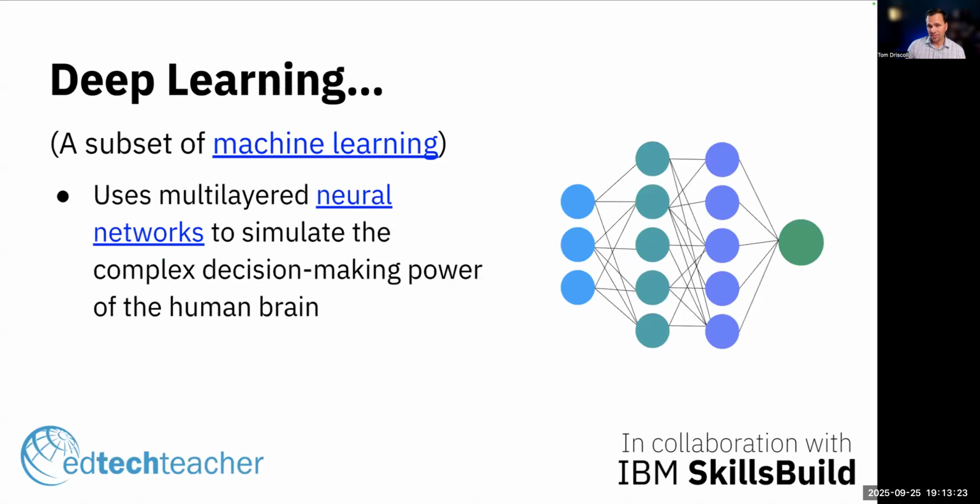The next phase of this is deep learning, and that's another subset of machine learning. So, what deep learning does is that it uses multi-layered neural networks to simulate the complex decision-making power of the human brain. And I was fortunate to meet a professor recently over at Brown, and he's actually a cognitive science researcher.